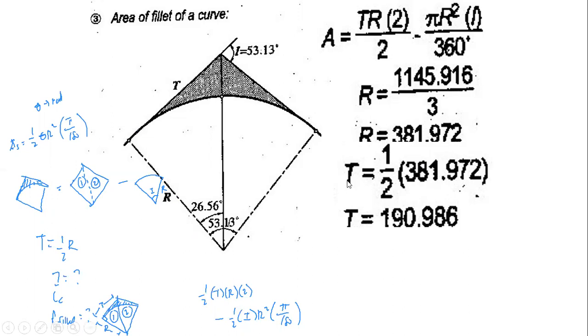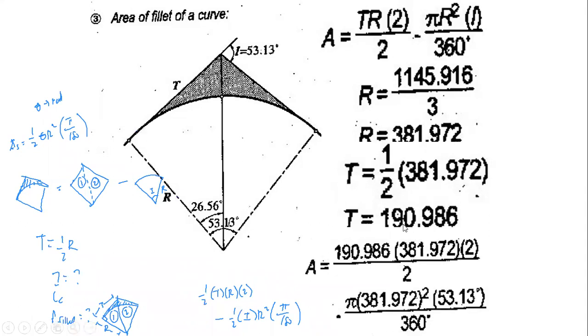From this problem, it's stated that the tangent distance is 1/2 ng R, no? So to substitute yung R, this will give us the T value as 190.986. So just substitute, this will give us the value, area ng fillet as 5,304.04 square meters.